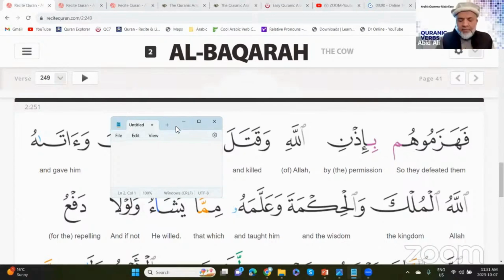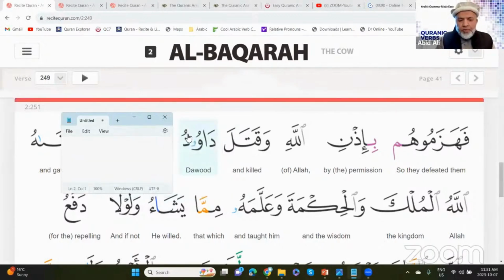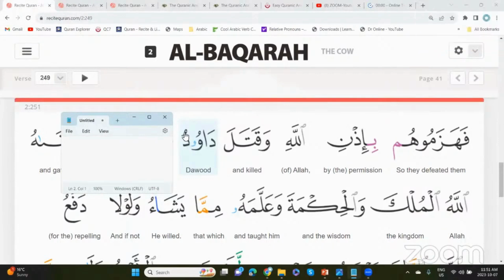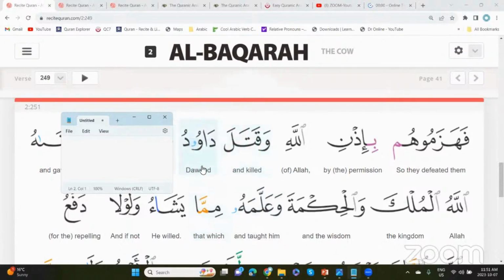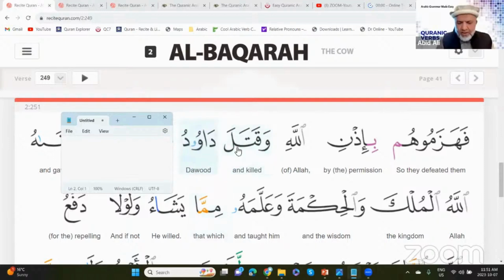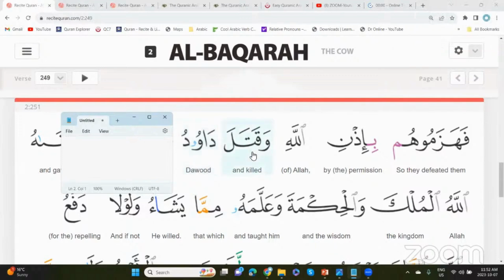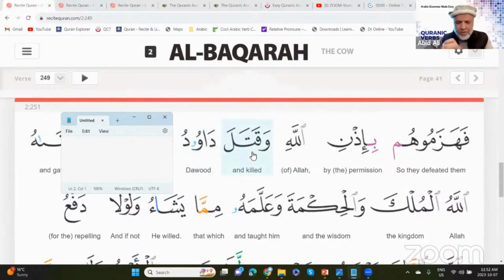Now, if we have a noun after this, Daudu, is this a damma? Yes. Does it look like a Rafa noun? Yes. Okay. So can I say Daudu is the outside fa'il? Yes. And is Daudu in Rafa? So it is "Daud killed." Instead of saying "he killed," we'll say "Daud killed."